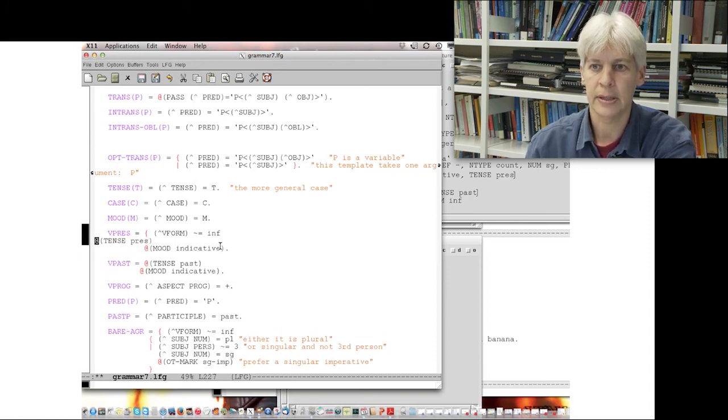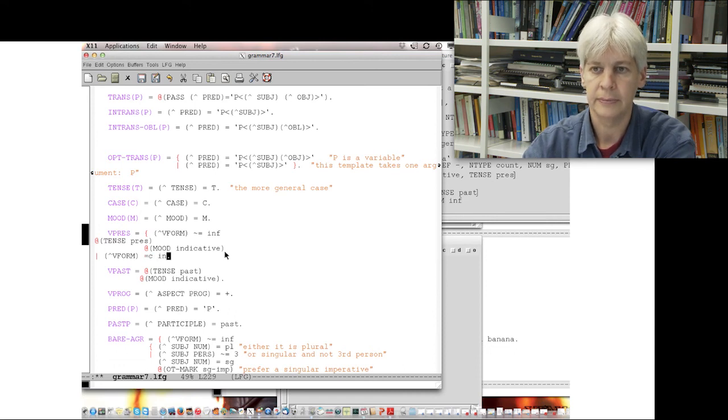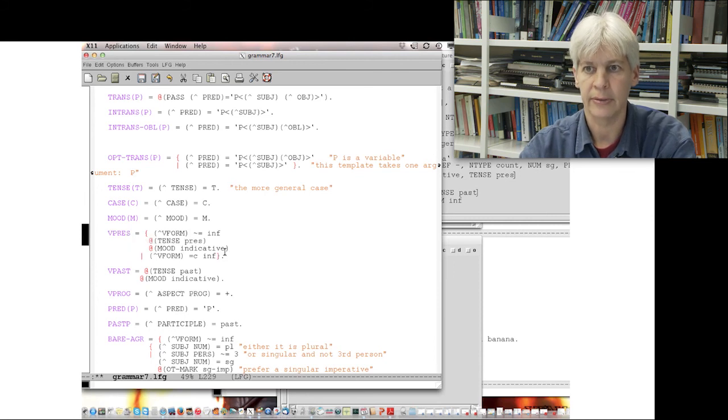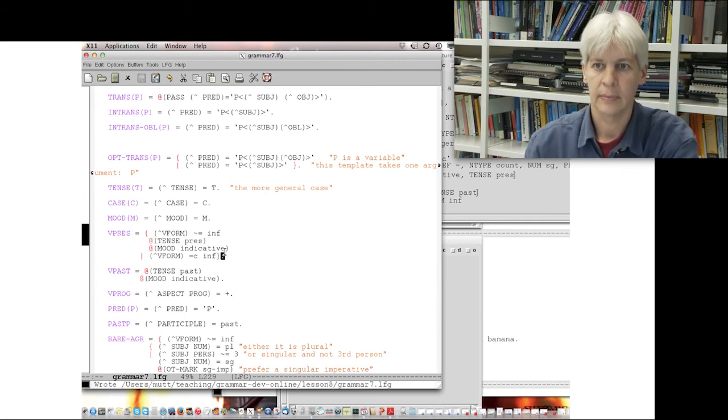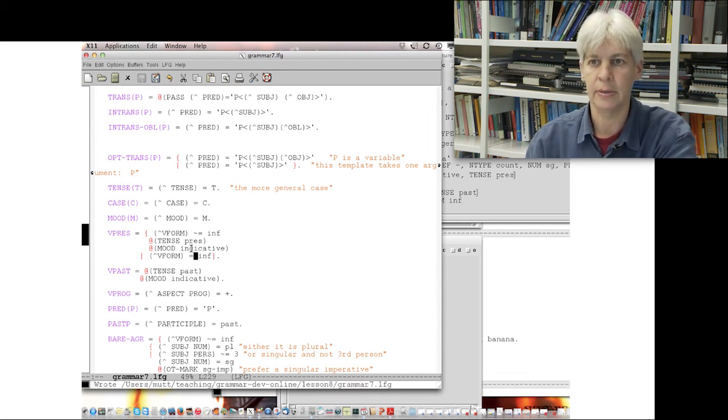We call it present tense and indicative, or UPS VFORM is constrained to be inf. Okay, so either we don't have it or we do have it. We won't bother with the constraining equation, we'll just declare that it has to be infinitive if it's not agreeing.